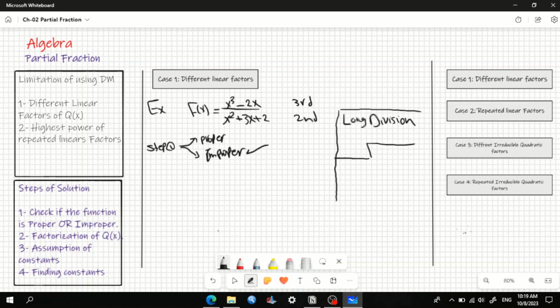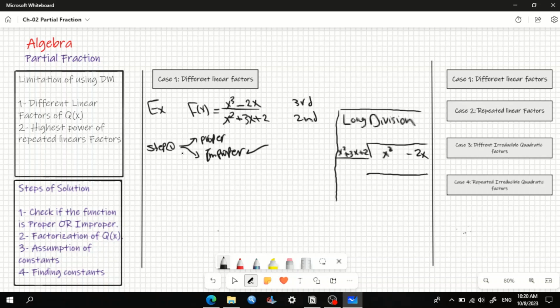Here we have x cubed minus 2x, and the coefficient of x squared is 0, so 0x squared minus 2x, divided by x squared plus 3x plus 2. The cause of using long division is to convert the improper function to a proper function.